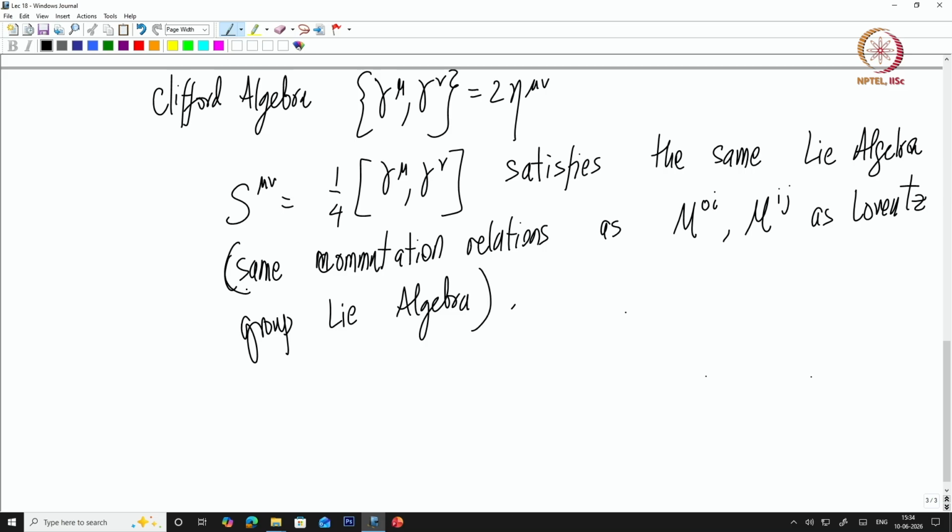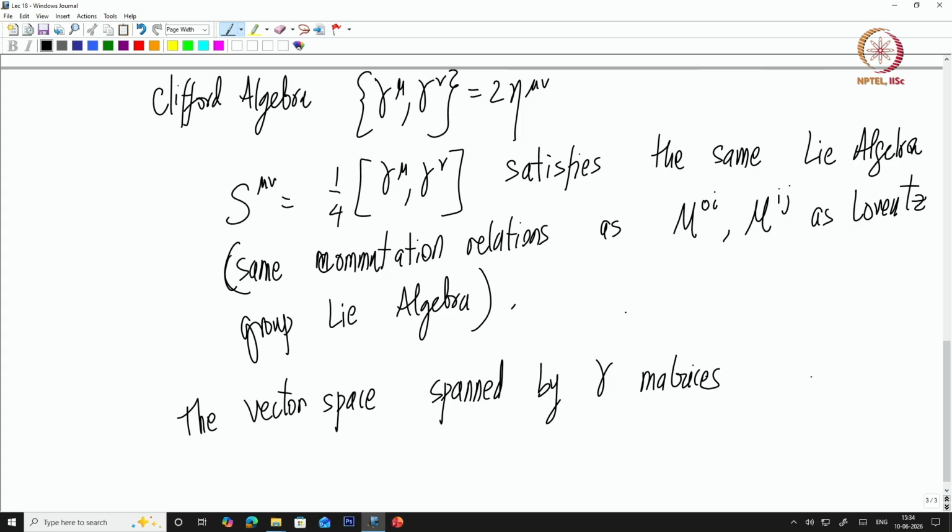Okay, it satisfies the same. From there we can say that the vector space spanned by gamma matrices forms a representation of the Lorentz group.